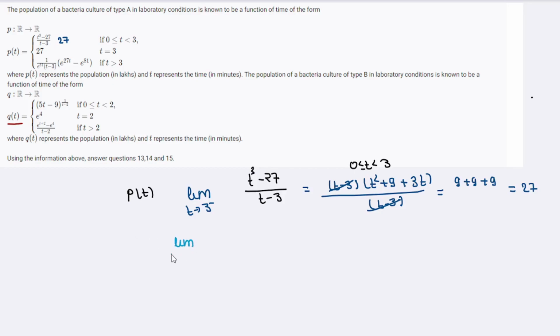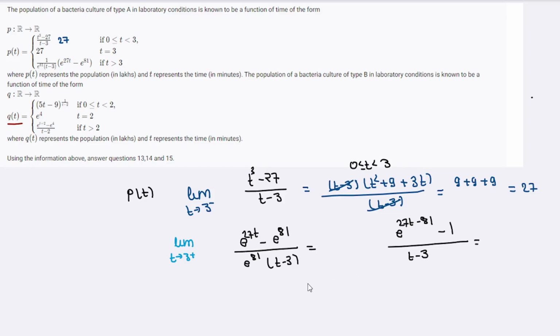we have to compute the limit when t tends to 3 plus of e to the power 27t minus e to the power 81 divided by e to the power 81 into t minus 3. So we will divide by e to the power 81. So it will be e to the power 27t minus 81, minus 1, divided by t minus 3.